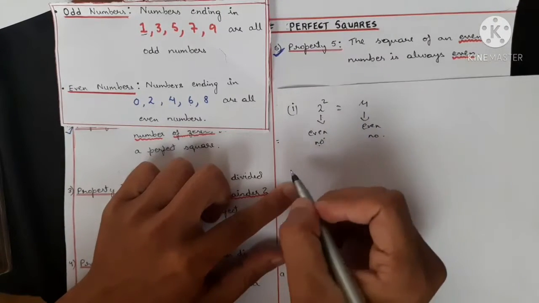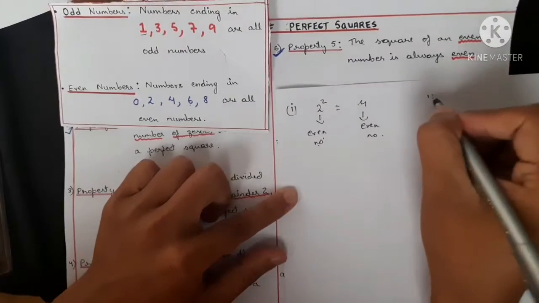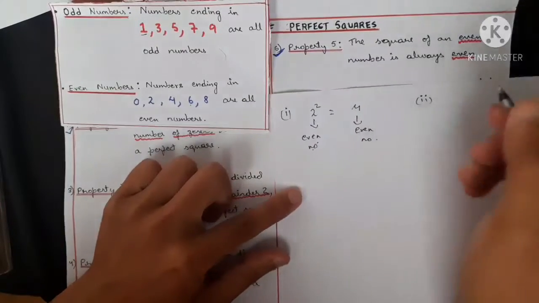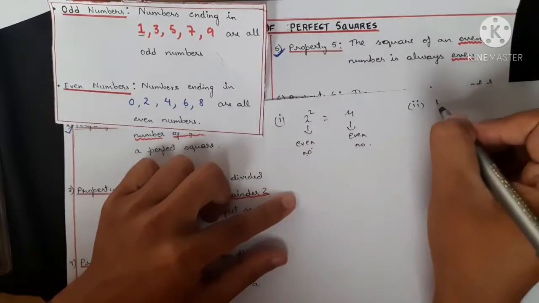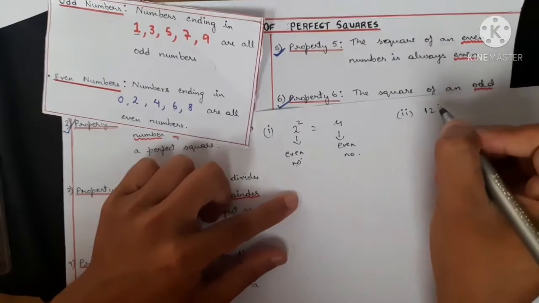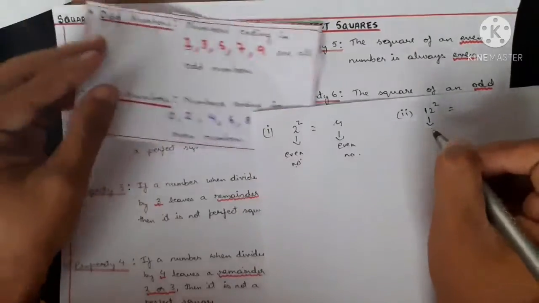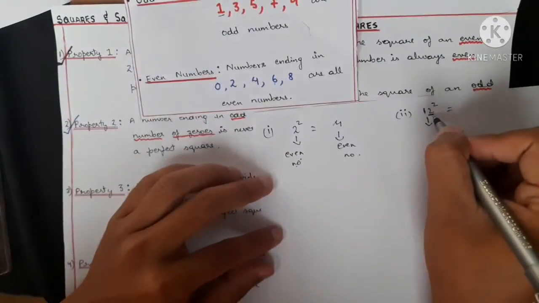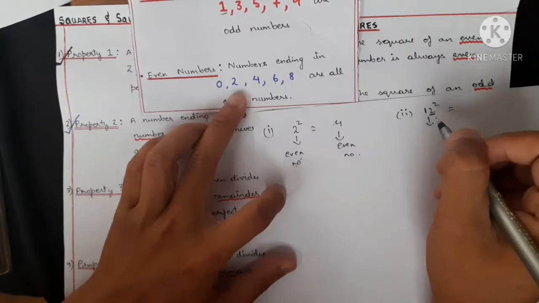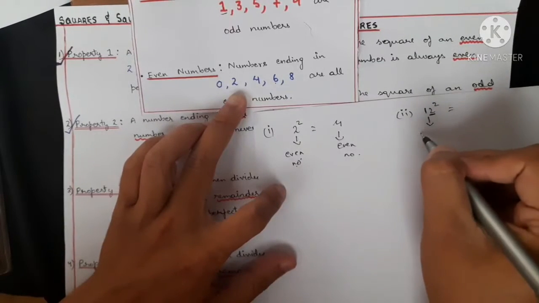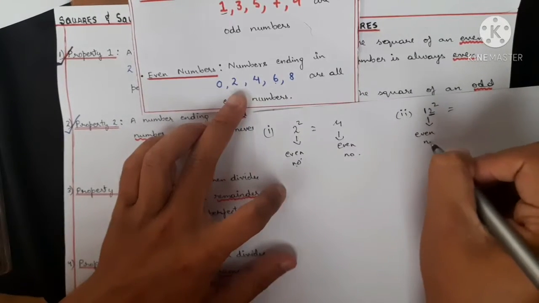Let me take another example. For example, 12 square. 12 is an even number, isn't it? Because it ends in 2, and 2 is an even number.